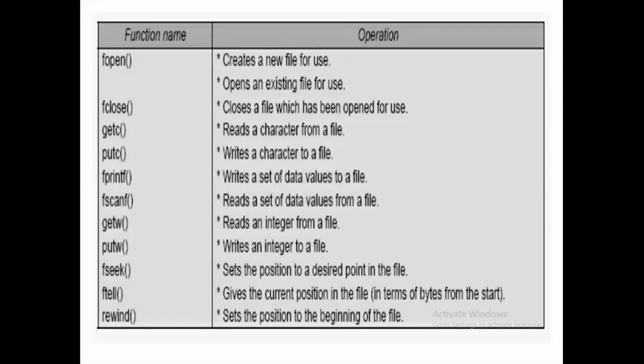Putw, getw can operate for integer operations. What about the mixed type? For the mixed type, we can use fprintf, fscanf. Fprintf writes a set of data values to a file. Next, fscanf reads a set of values from the file. So it provides mixed sets of data types.